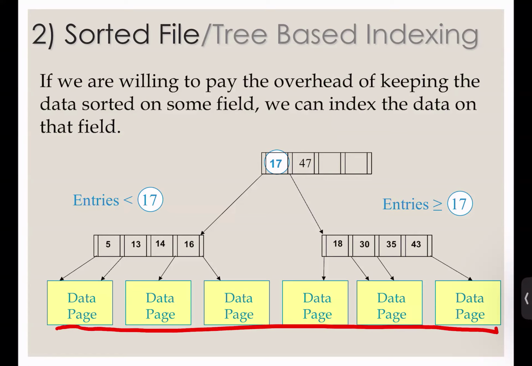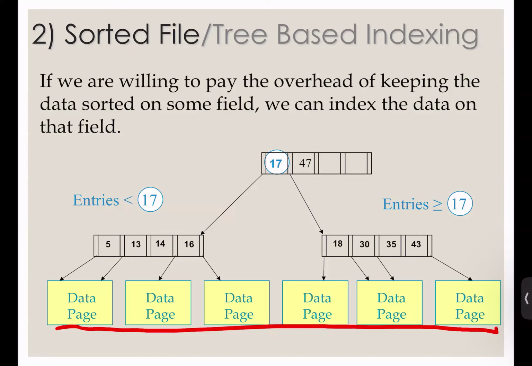You can use binary search to search for something in the sorted data pages faster. Even if you only have sorted files with no indexing scheme, things still get searched faster because of the search structure that you can use.